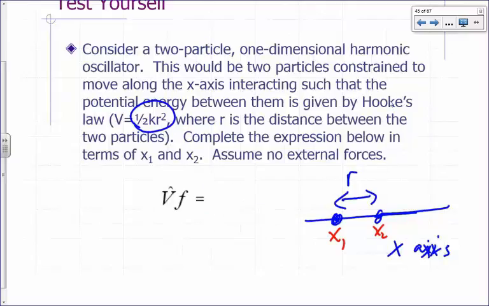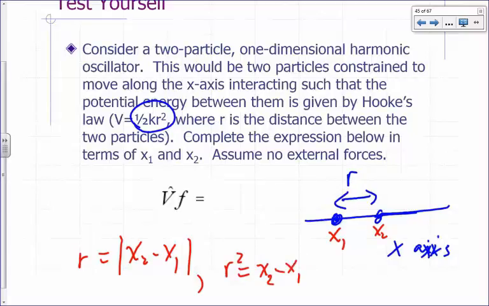So what is r²? So r² is just x2 minus x1 squared. So it's going to be 1/2 times the constant times x2 minus x1 squared multiplied by the function.